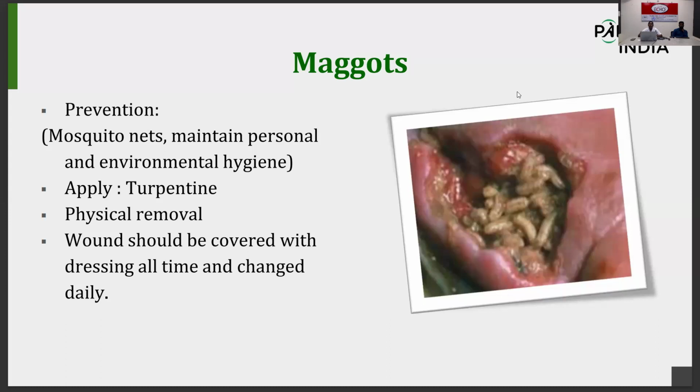And the major point is the wound should be covered with dressing all the time and changed daily. We should encourage them to cover the wound. If there is pain, we should manage it with analgesics or topical applications, and instruct them to cover the wound properly and do daily dressing.